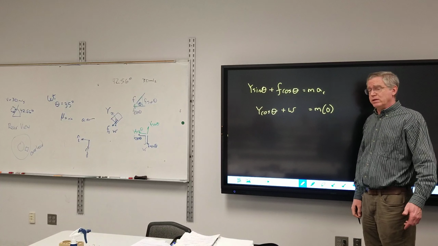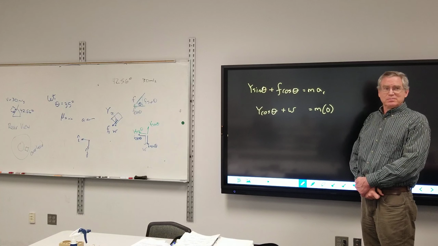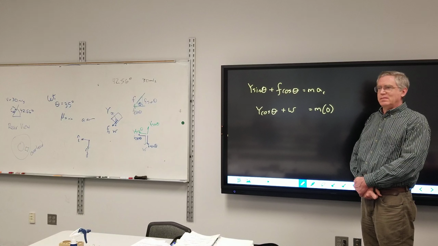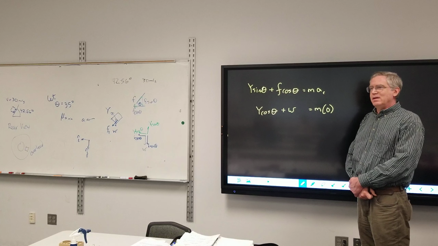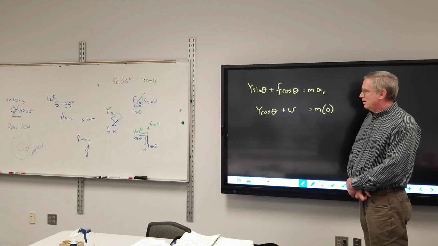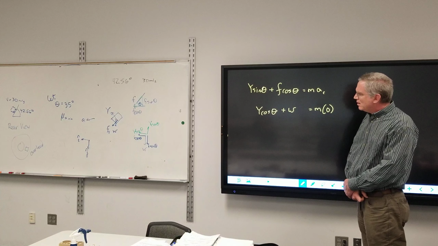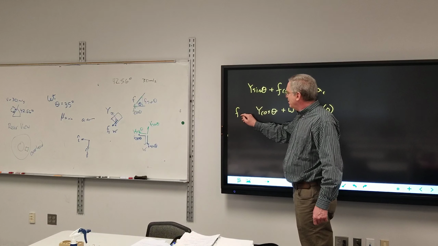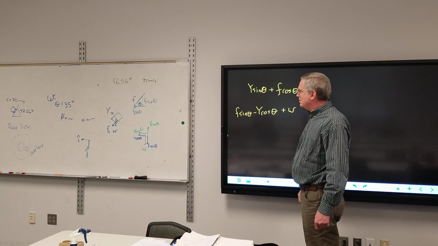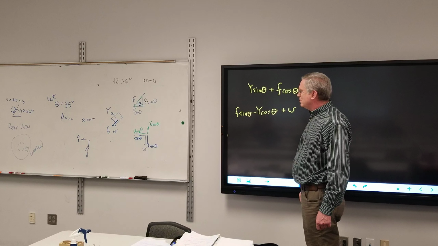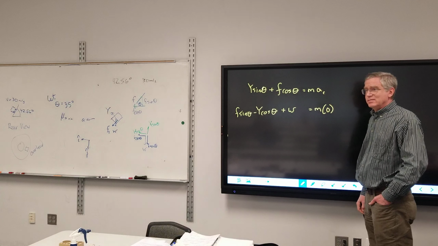Possibly one of them is my hearing. F sine theta minus y cosine theta plus b. Say it again. F sine theta minus y. Okay, those are just the corrections.